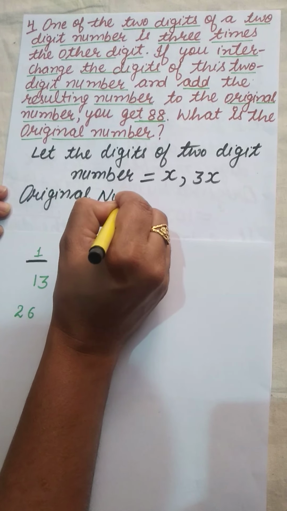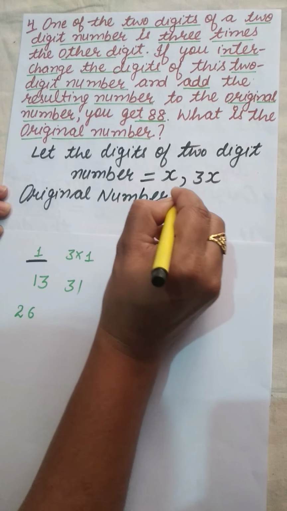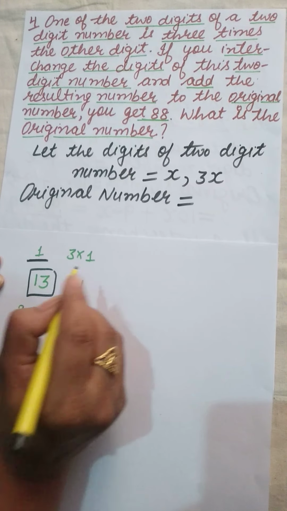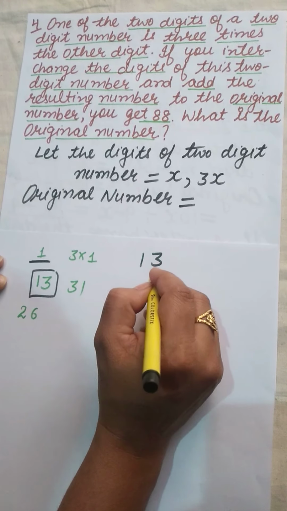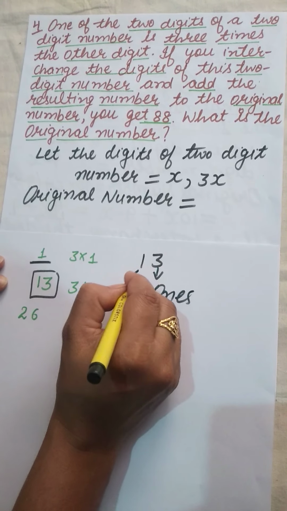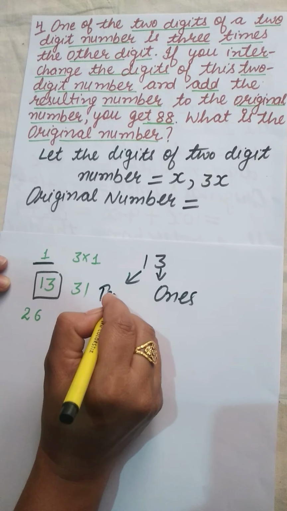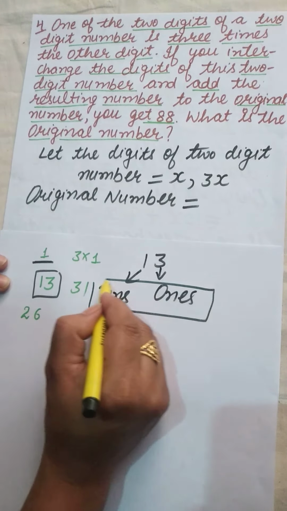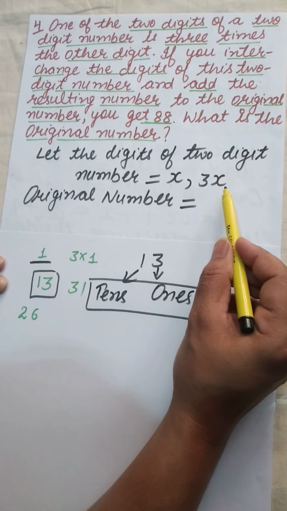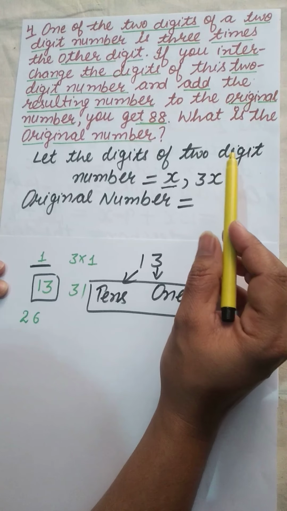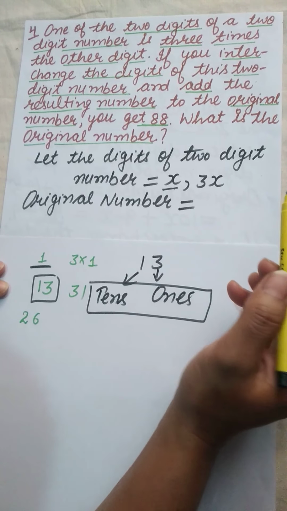Now we will write the original number. Original number is equal to, as this is 13, in this, 3 is on 1's place and 1 is on 10's place. So in the same manner, while writing the two-digit number, we will take one of the digits on the 1's place and the other on the 10's place.